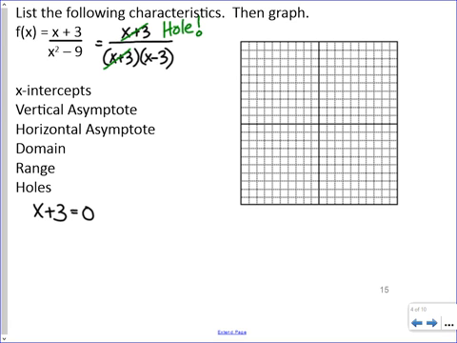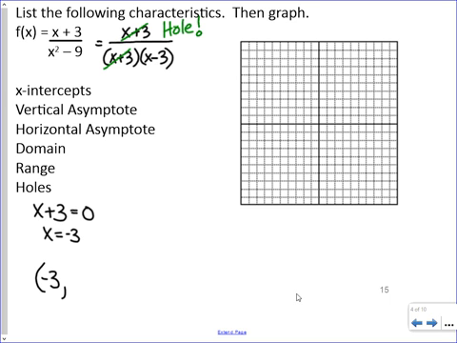Solve for x. So x equals -3. So for my hole, I'm going to have a hole at -3, something. Are we okay with that? Okay, use the one that you canceled.